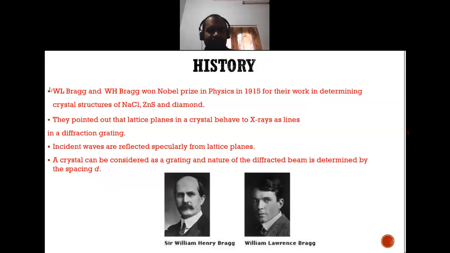Then they pointed out that lattice planes in a crystal behave to X-rays as lines in a diffraction grating. You must have studied diffraction gratings in your undergraduate course. In a diffraction grating, we have some opaque space and then transparent space, then opaque space, transparent space. Such a setup can produce a diffraction pattern when monochromatic light is incident on that arrangement.